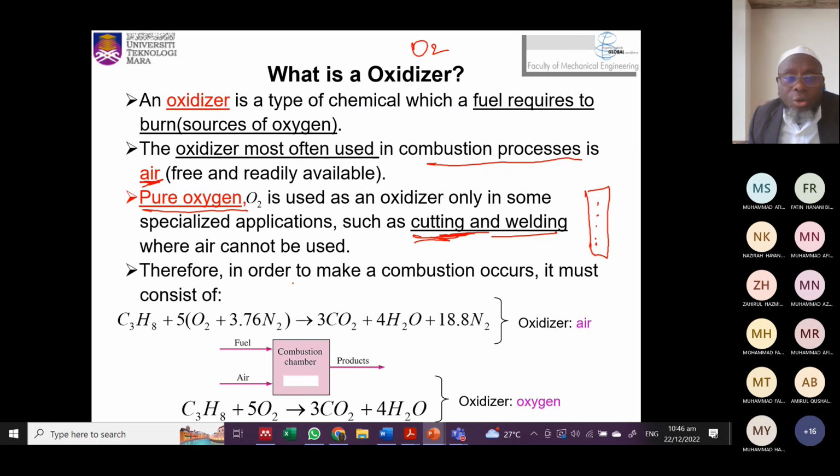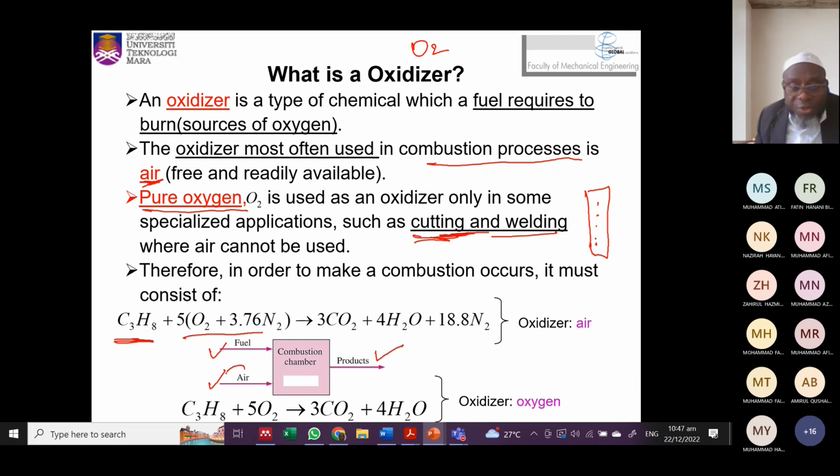Therefore, in order to make a combustion occur, it must consist of fuel plus atmospheric air. So for combustion to take place, we need the presence of fuel. There should be air, and then we have our product of combustion.